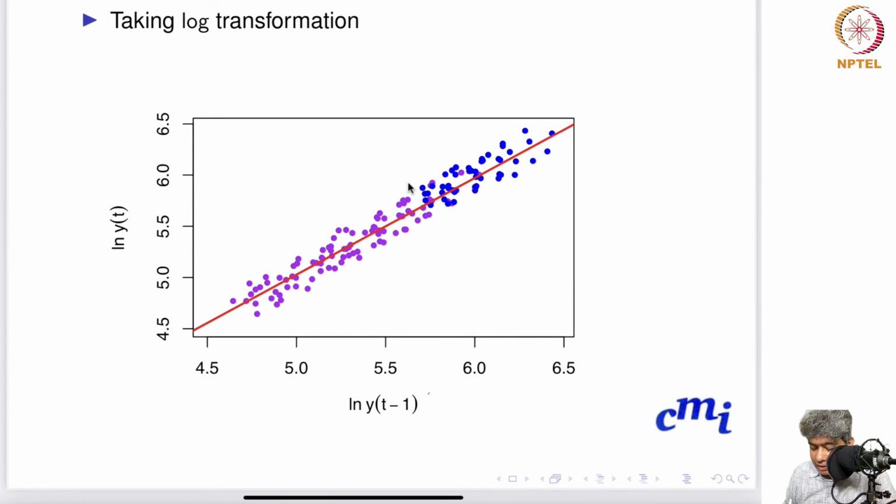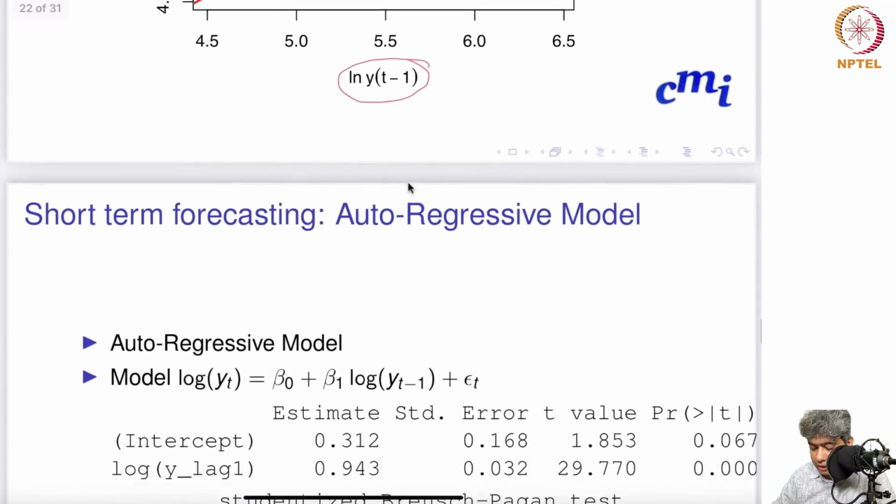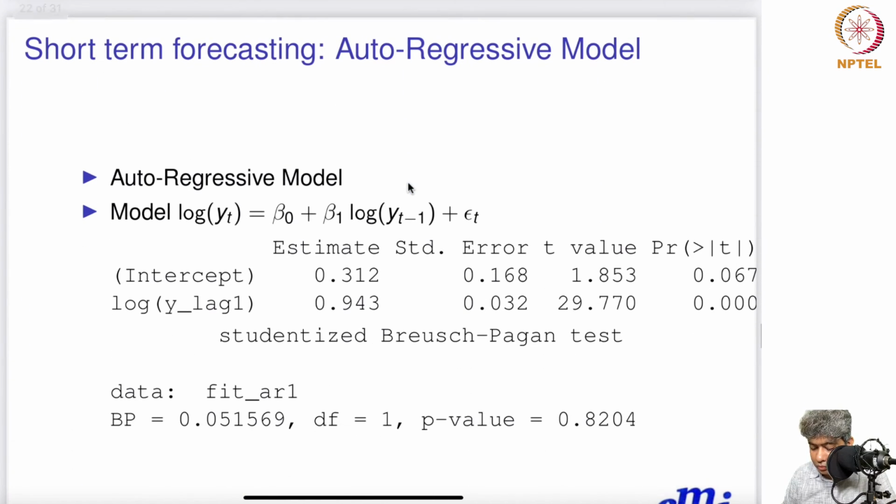So I have taken the log yt minus 1 and log yt and plotted them. And now it looks like they show somewhat homogeneous behavior, which is probably correct. Now, if you fit log yt equals beta naught plus beta 1 log yt minus 1, you see that the Breusch-Pagan test p-value is very high.